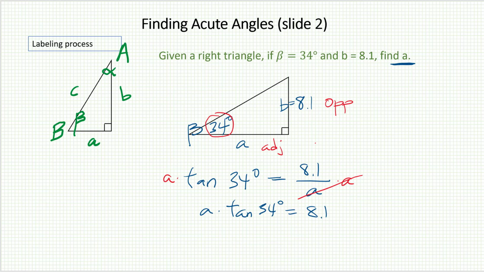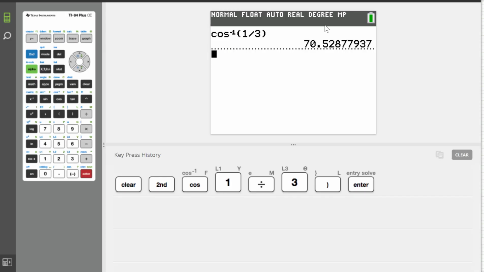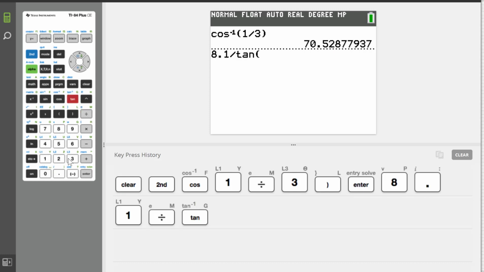Remember, tangent 34 degrees is some ratio that will eventually get off the calculator. I don't want to do that yet. You never want to round in the middle in these problems. I'll divide both sides by that number, tangent 34 degrees, and now I have solved for A. All that's left is to type this into the calculator. Again, I'm in degree mode, which is where I want to be. 8.1 divided by tangent 34.